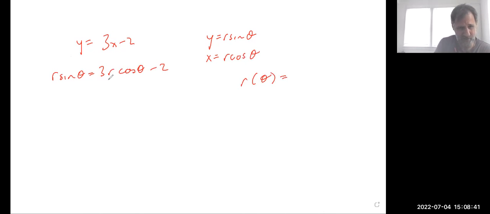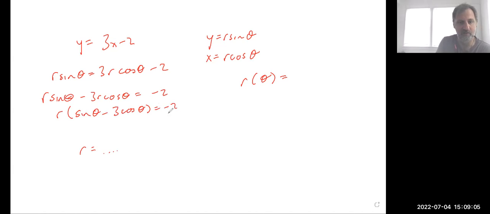So I need to get my r terms together so that I can isolate r, because at the end I want to end up with r equals. So I'm going to subtract 3r cosine theta, and the right side is -2. I'll take the r out. I have r times sine theta minus 3 cosine theta equals -2.